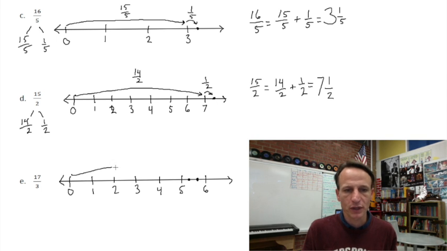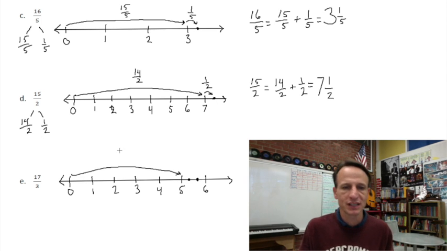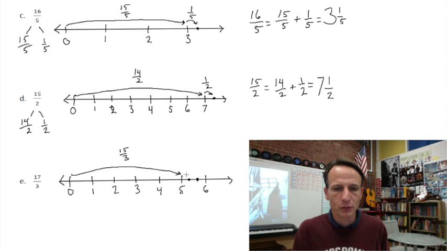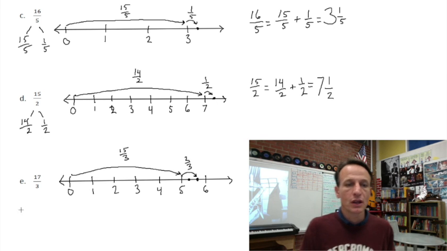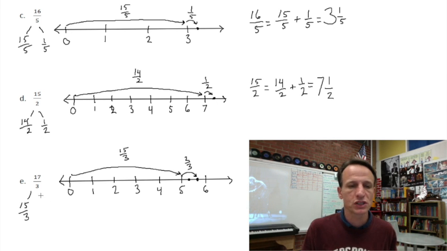So look at it this way. You can go all the way out here to 5. How many thirds is that? 3, 6, 9, 12, 15 thirds. And what does that leave us out of the 17 thirds? Well, another 2, right? So a little skippity there is another 2/3. So what we did was we took 17/3 and decomposed it as 15/3 to give us a nice juicy whole number.